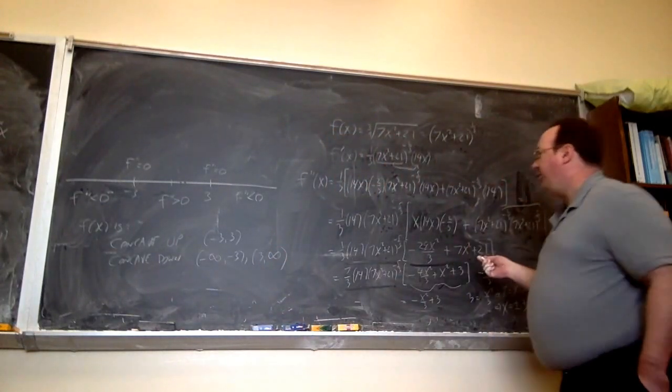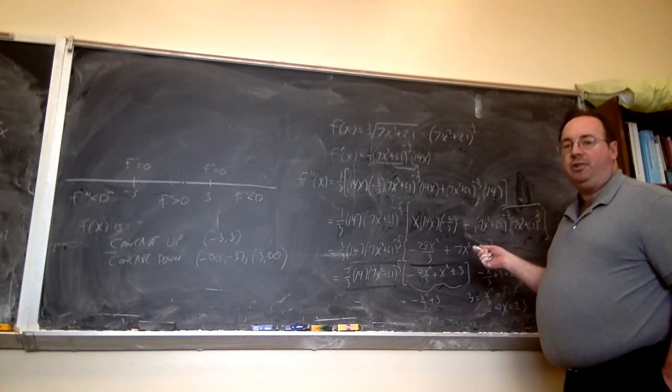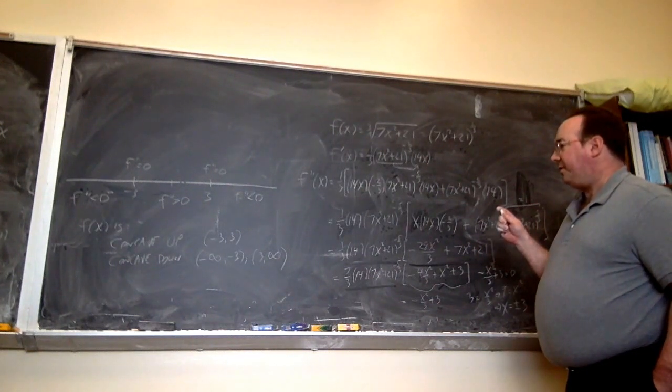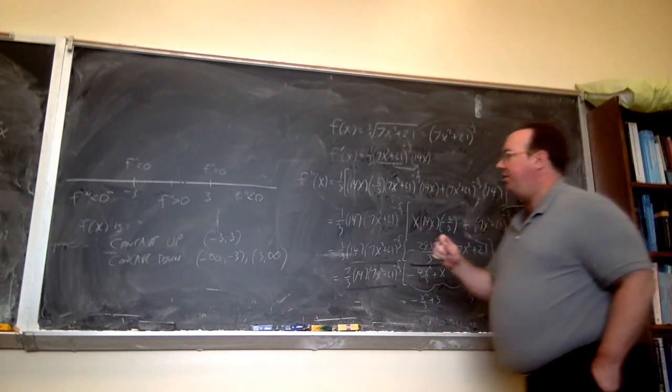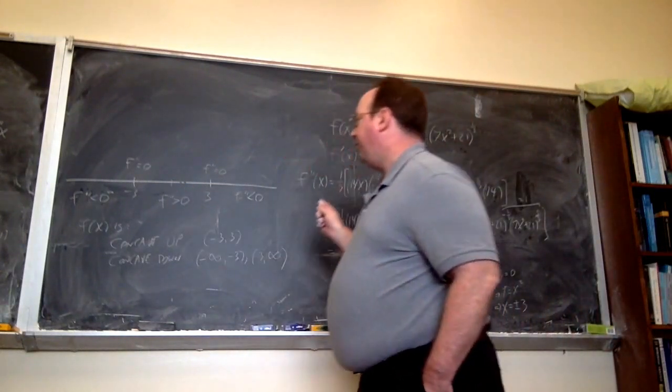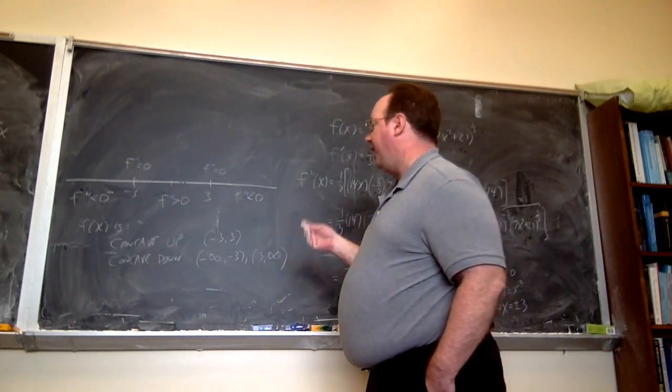So once you find where the second derivative is equal to 0, then you have possible inflection points. So you can check the concavity of a function by testing whether the second derivative is positive or negative.